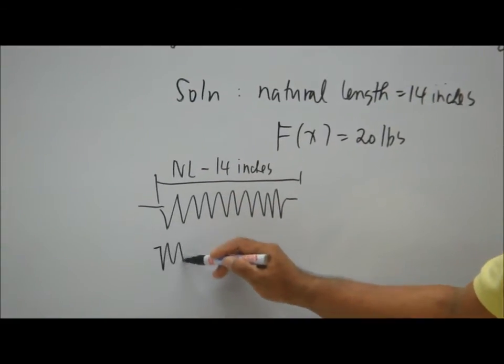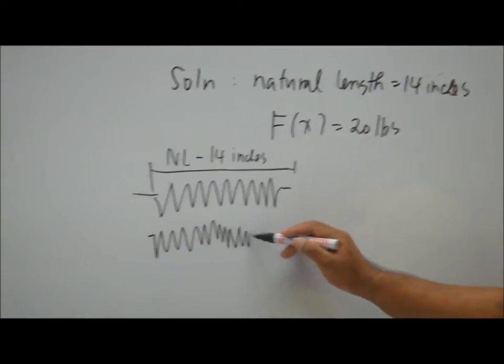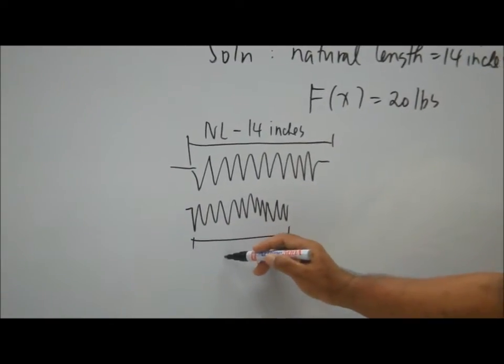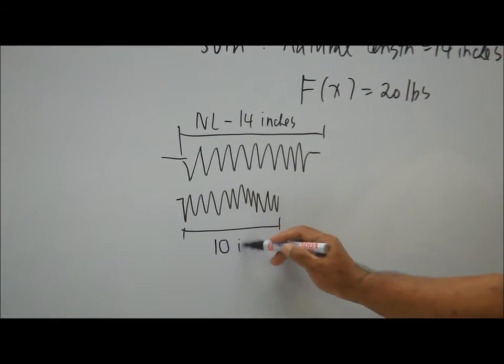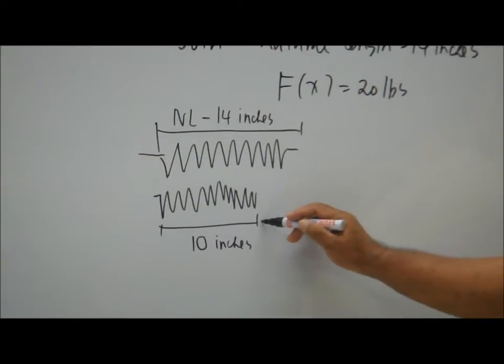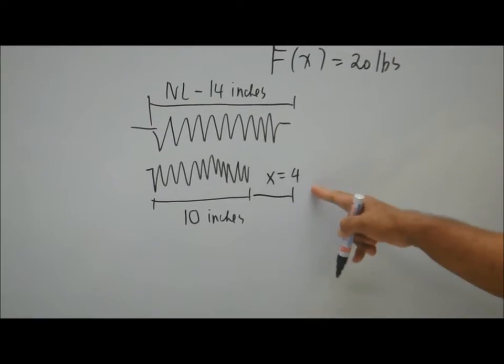Now class, since it is compressed, the length of the spring is now 10 inches. So in other words, we have the displacement, and the displacement is 4. How is this obtained?